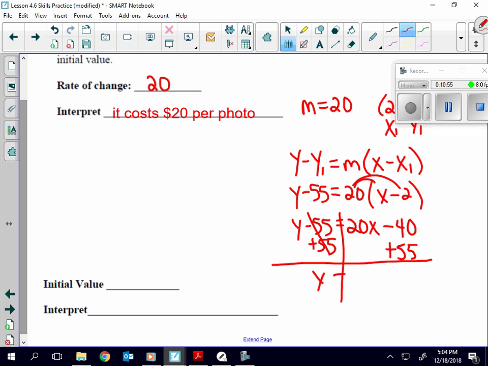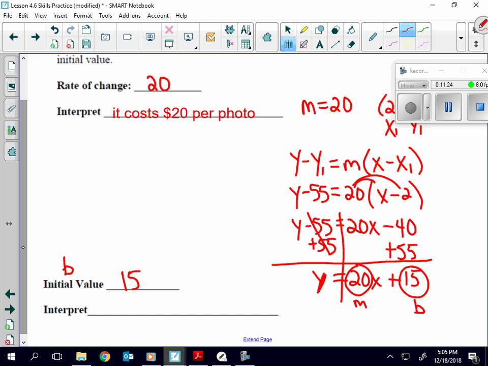And we have y equals 20x plus 15. All right, so that is our slope we know, and our y-intercept, right? That's the b, that's the m, and of course b is what we want right here, the initial value. That's 15. Let's interpret that 15.